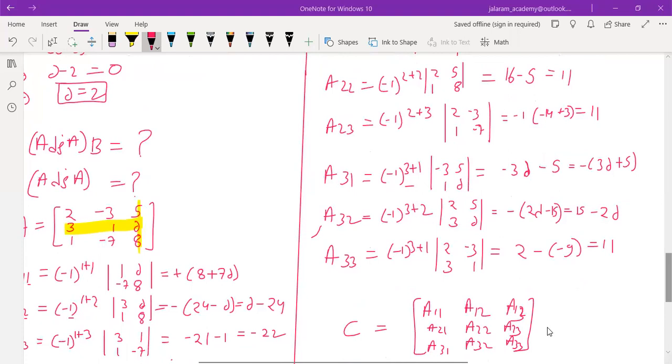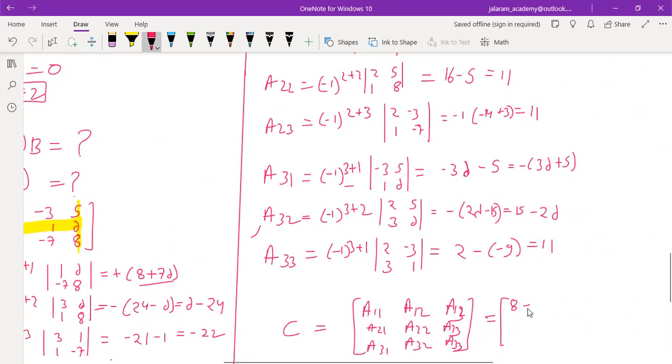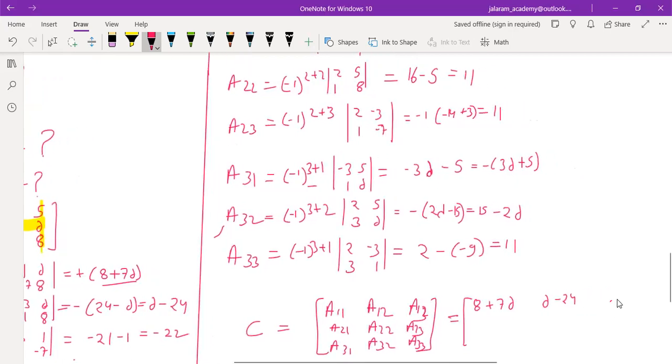So it will be: A11, that is 8 plus 7 delta. A12 is delta minus 24. A13 is minus 22.